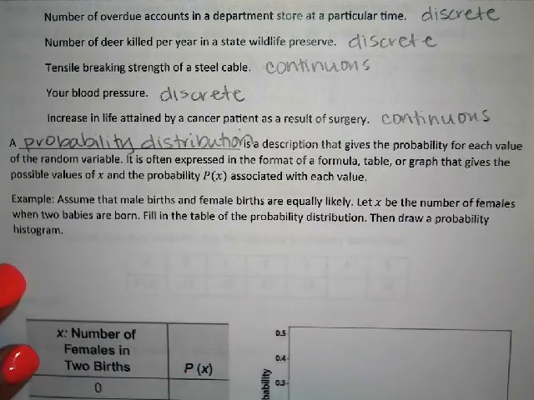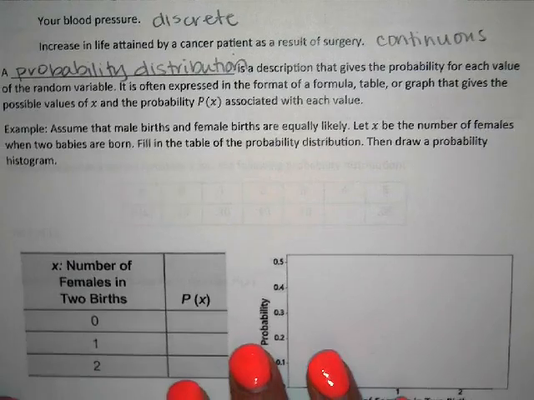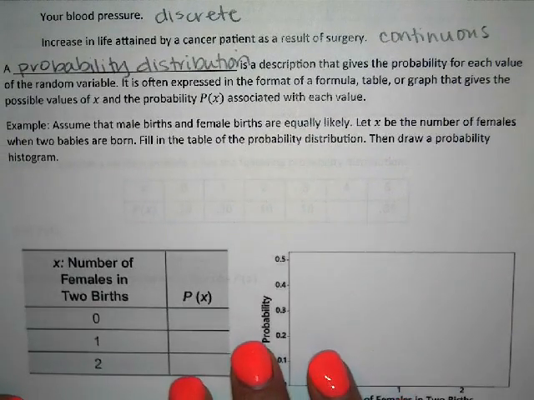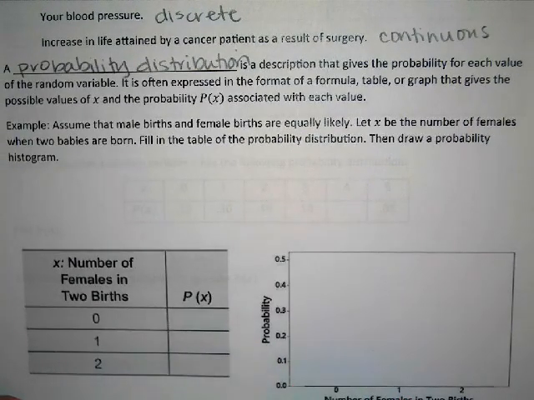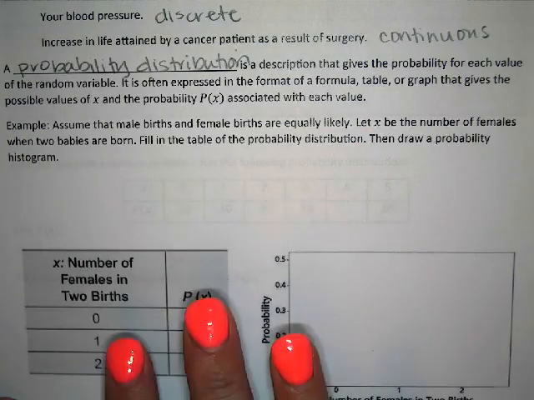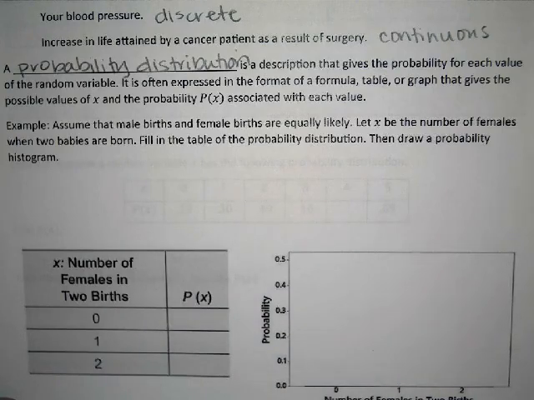So here's an example. It says, assume that male births and female births are equally likely. I actually learned from the textbook that male births are more likely. I guess that makes sense based on different cultures, but male births have a probability of 0.512 instead of just 0.5. But assuming that they're equally likely, because there's only two options, male versus female for births.